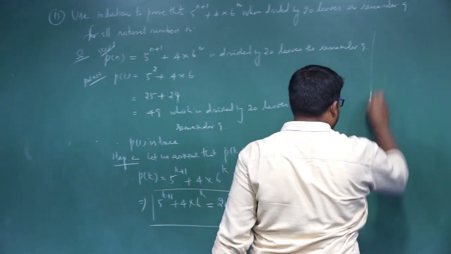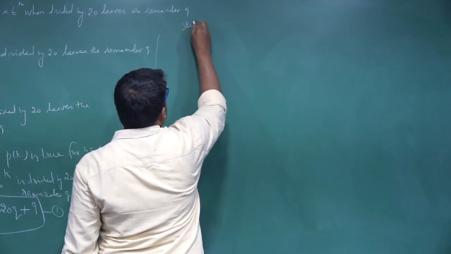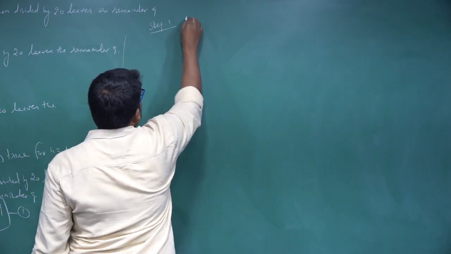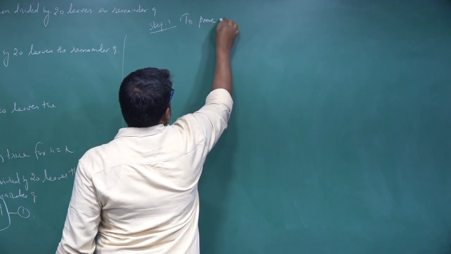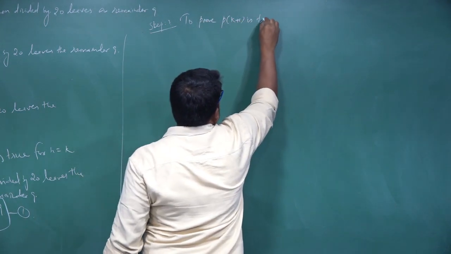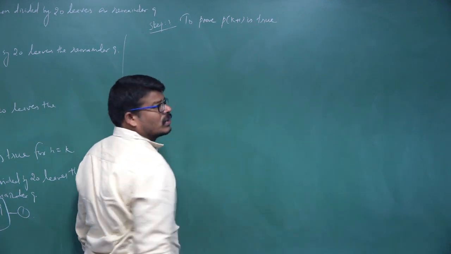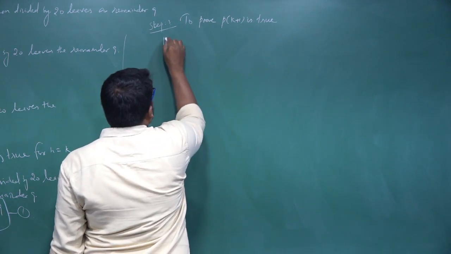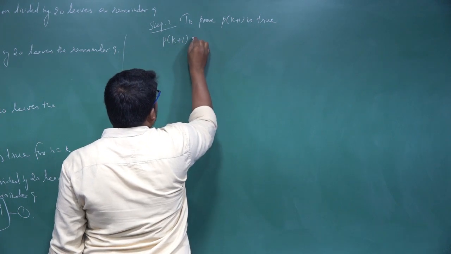Next, step 3: to prove P of k plus 1 is true. What is the statement? Put the value k as k plus 1.